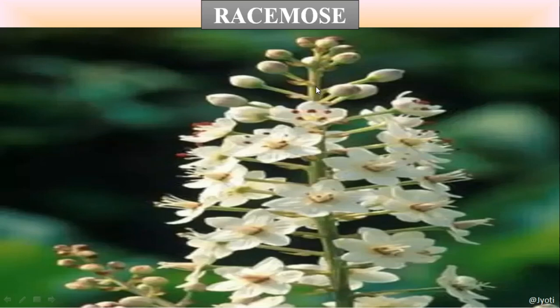This stalk is called the peduncle. This peduncle can grow further and it is not terminated with a single flower. The whole thing is called an inflorescence, and since the flowers are arranged in acropetal succession, it is called racemose inflorescence.